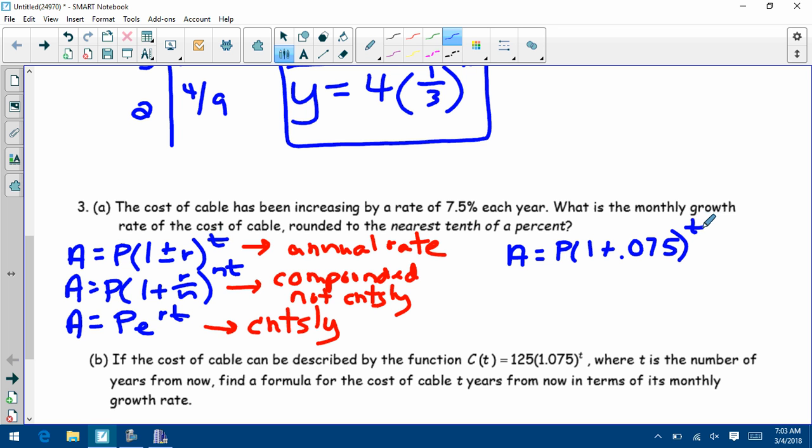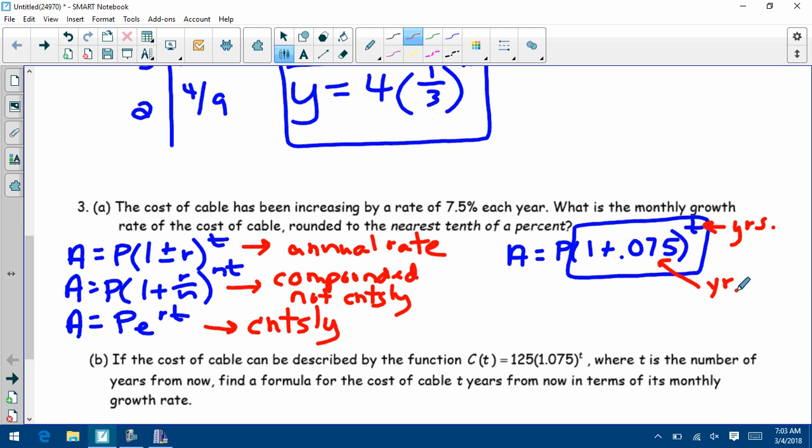So the rate is all in this spot right here. And remember, think about your units. So right now, what would T be in? Well, since 0.075 is the yearly rate, T is in years. And again, that's because that's got to agree, so that's a yearly rate there.